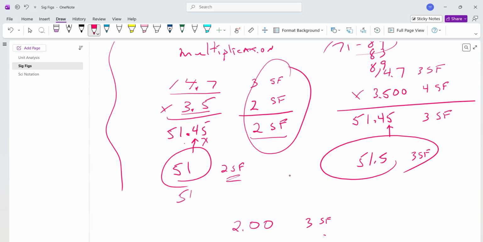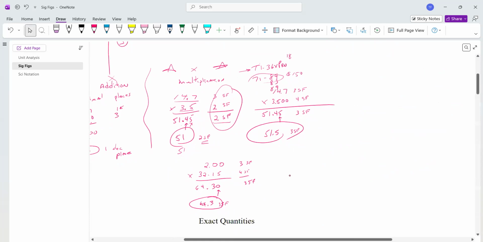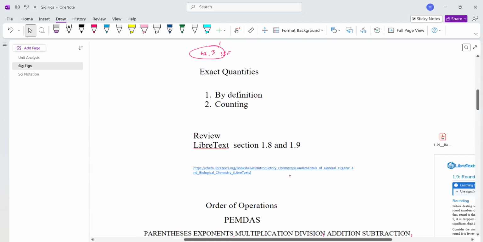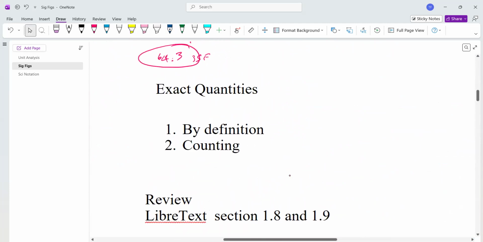Okay, so what we didn't talk about yesterday was exact quantities. For example, an exact quantity will be something like 12 equals 1 dozen. It's not 11.9, it's not 12.1, it's exactly 12 by definition.